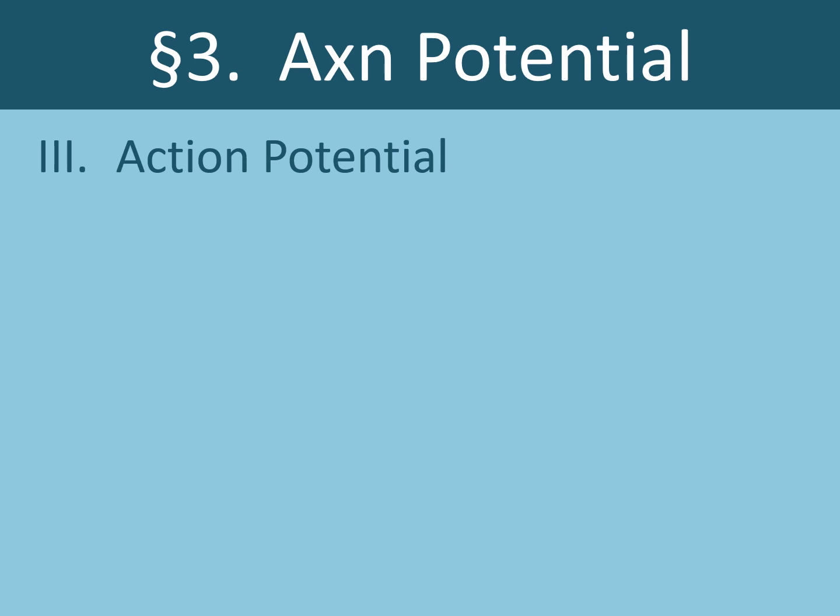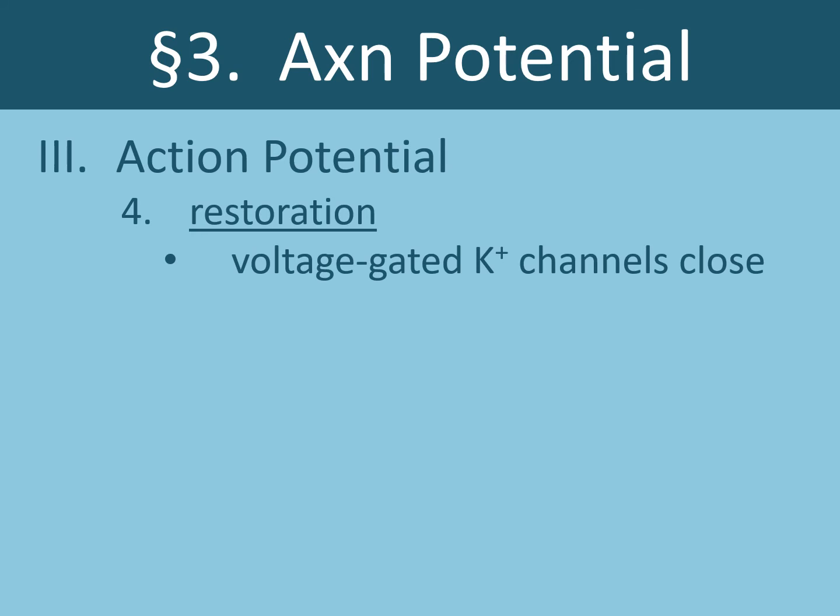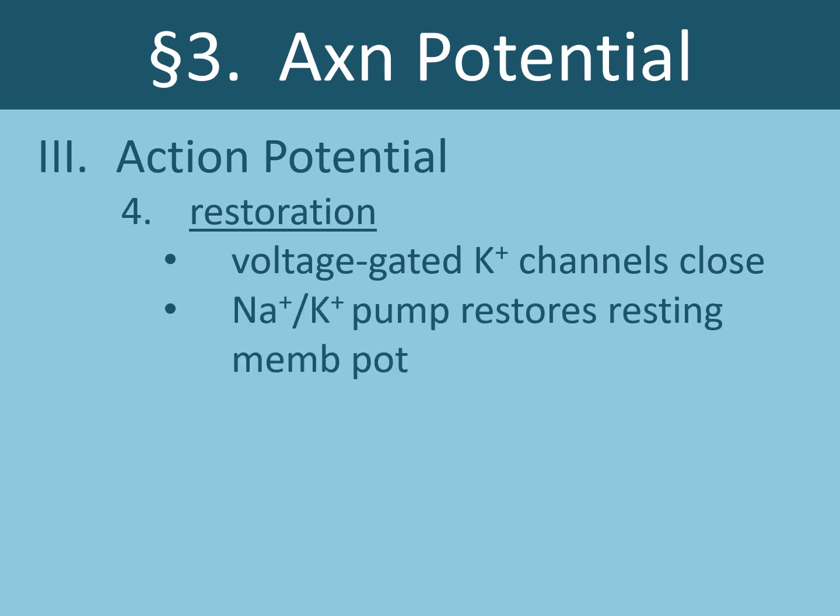Finally, we have the last stage, restoration. So we've had the sodium channels close, the potassium channels have closed, so there's no more diffusion of ions across the membrane. But during this process, and at all times, the sodium-potassium pump is always working. It's always pumping sodium and potassium ions.